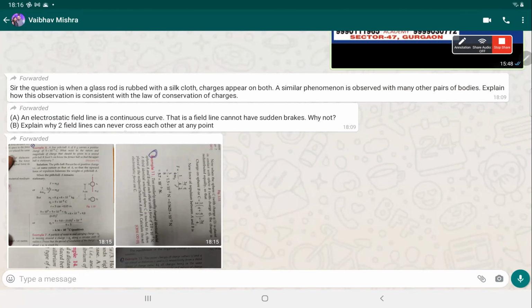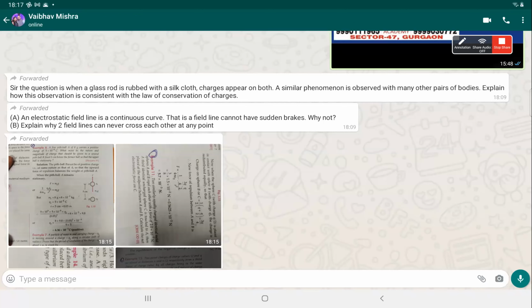Electric field lines can never cross each other at any point. Yes, Mr. Rahul? They have different directions, and they will be going towards two different negative charges, so it's not possible. Right, at that point there will be two different directions of electric field. Correct?